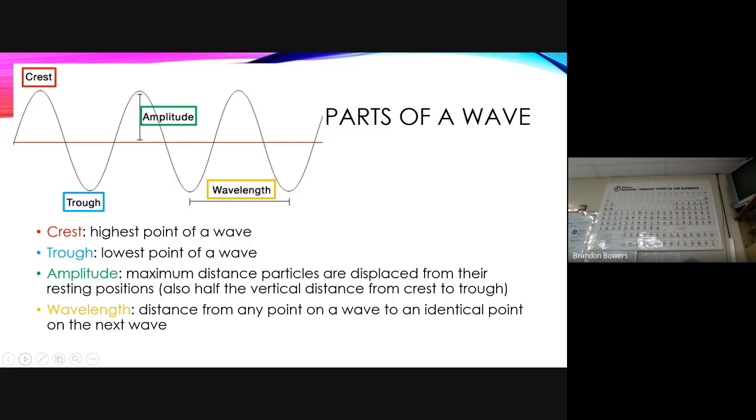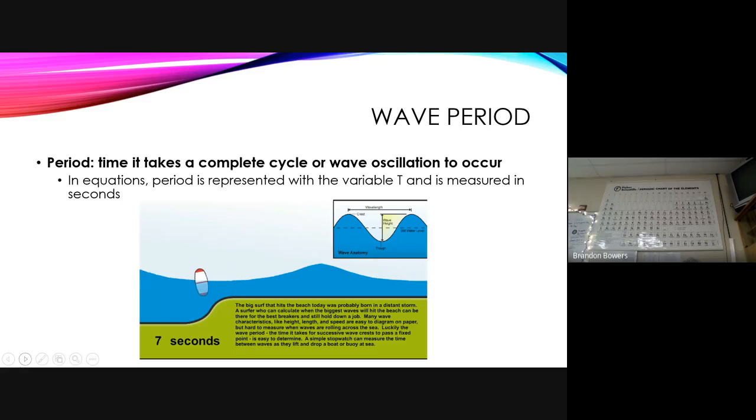Now, what is a period? We know frequency. What is a period? Period. It is the time to complete a cycle or wave oscillation to occur. So it's the time to complete a cycle.